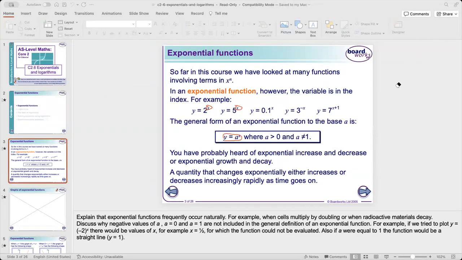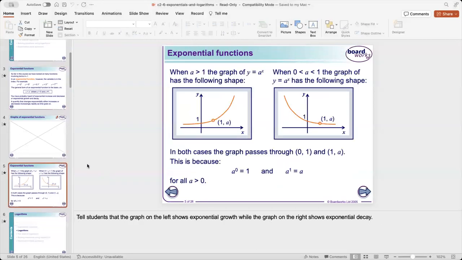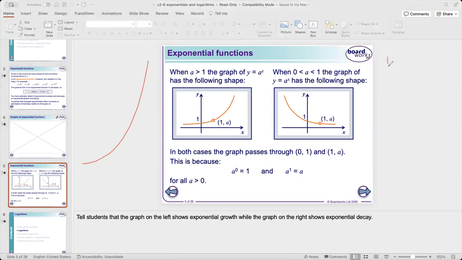So let's look at some graphs of exponential functions. Graphs of exponential functions are not a straight line. Either you have a graph like this, or you have a graph like that. So these are exponential graphs.